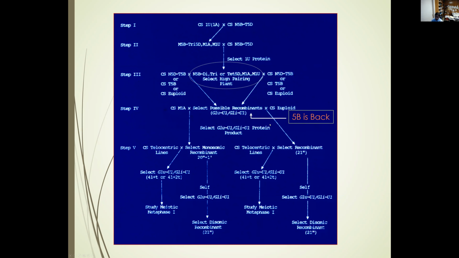Here you need to bring back the 5B, then select for the recombinant line, then self it to make the disomic substitution line for that recombinant chromosome, then cross with the ditelo. Then you study meiosis, whether the long or short arm pairs regularly or not. Then you can deduce how much segment we transferred into our targeted chromosome.